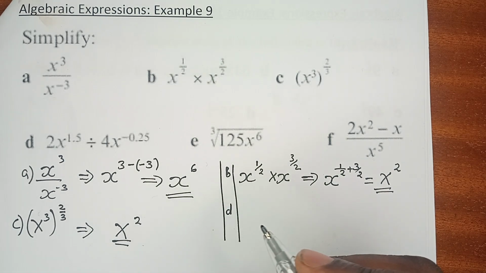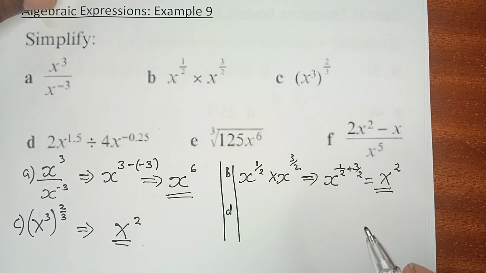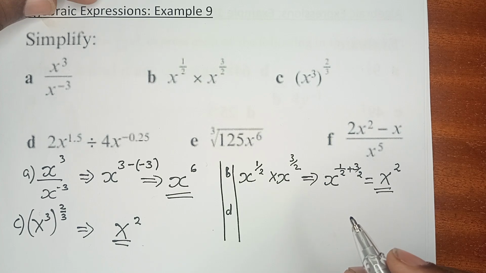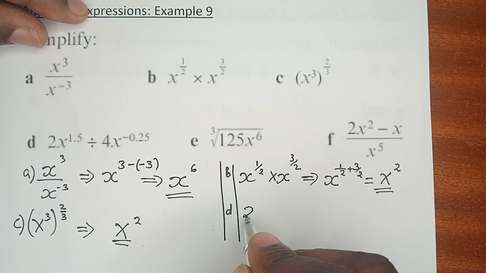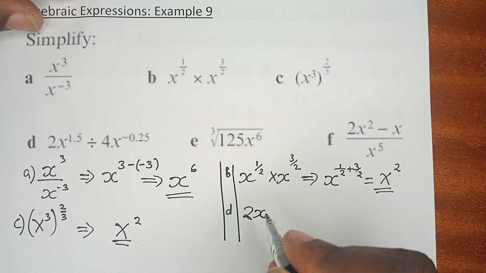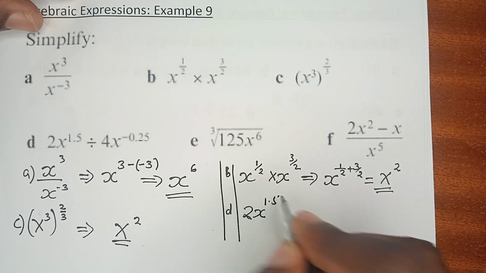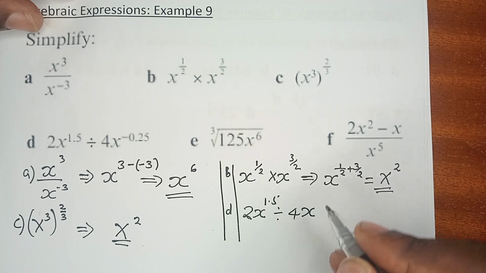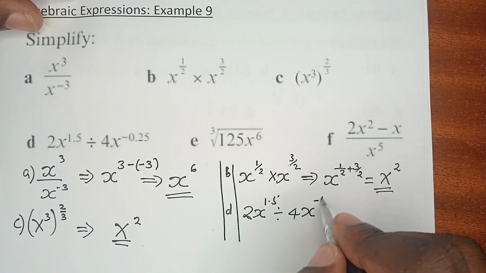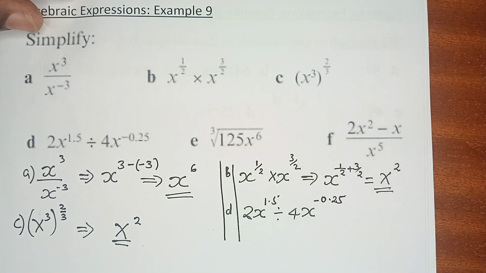Part D, if you look at part D, we have 2x raised to power 1.5 divided by 4x raised to power negative 0.25.